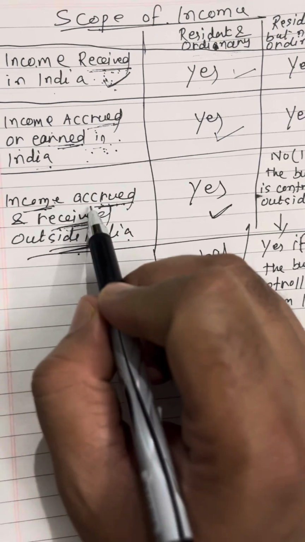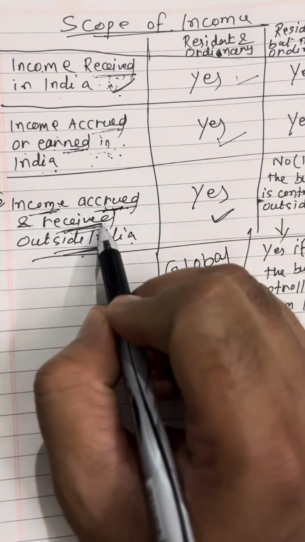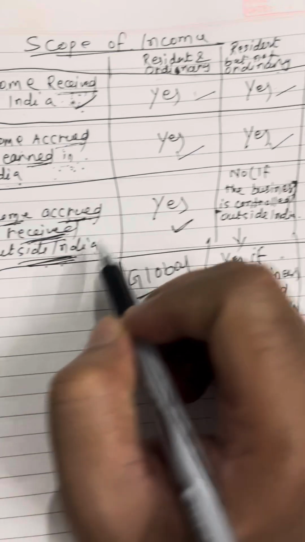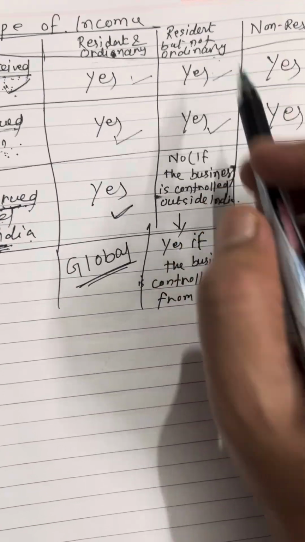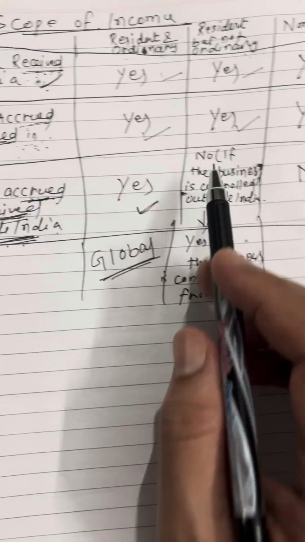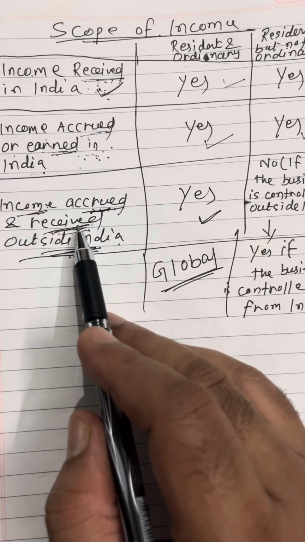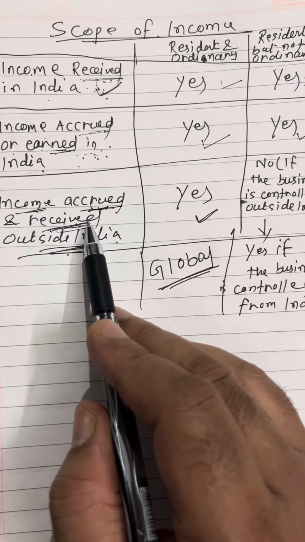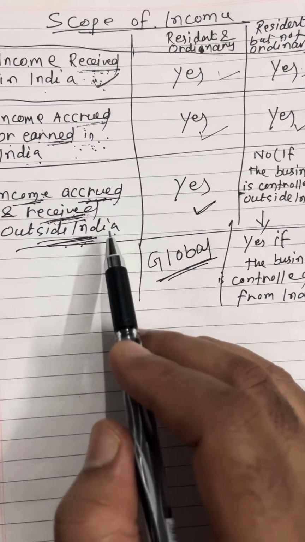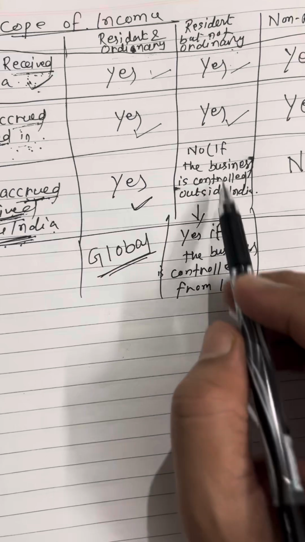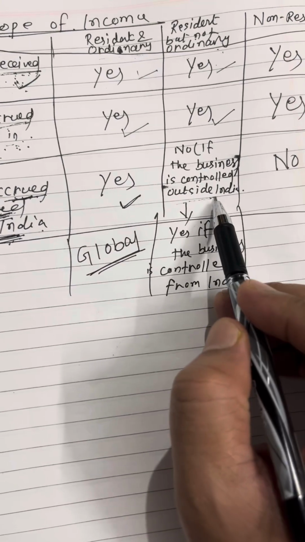For any income accrued and received outside India, we have to see whether that business is controlled from outside India.